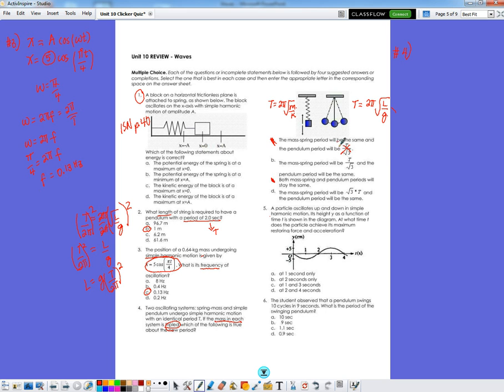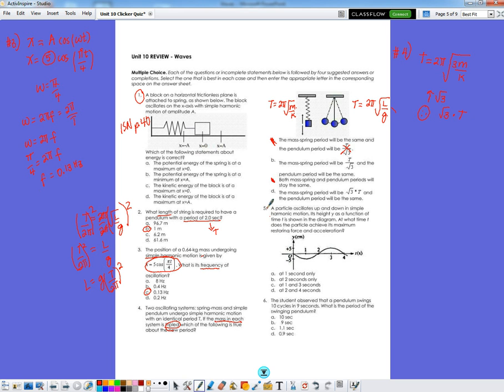So now what will be the new period of the mass spring system? If the period of the mass spring system is 2 pi square root of m over k, and we triple the mass, you see it will increase by square root of 3. So therefore, our new period is square root of 3 multiplied by the T.